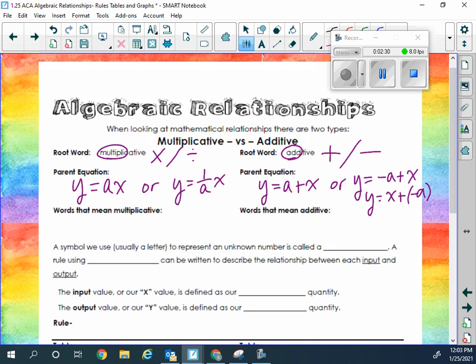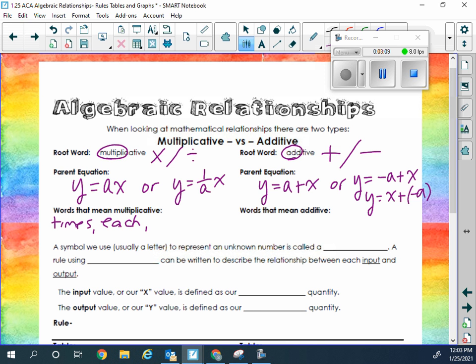Okay, let's talk about words in a problem that might clue you in that it's multiplication. If it was a word problem, tell me a word that you might hear if it was a multiplication problem. They might actually use the word times. What else? Each, very good. Each is a great one. What's another one?